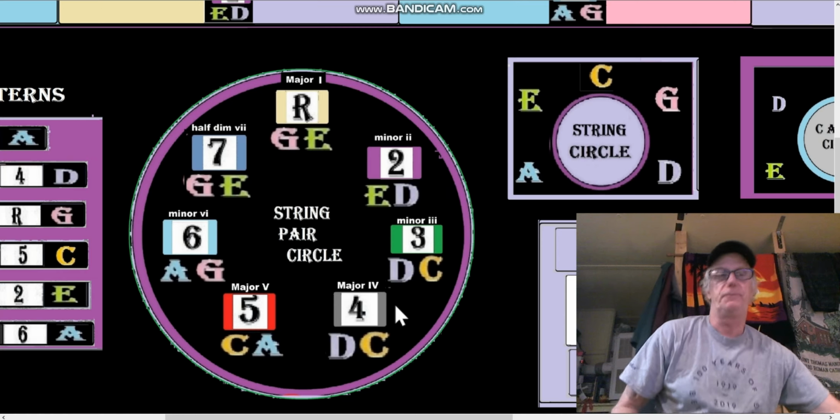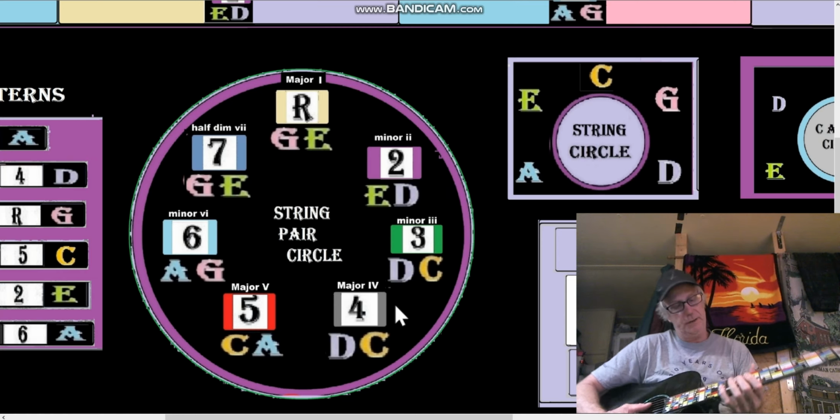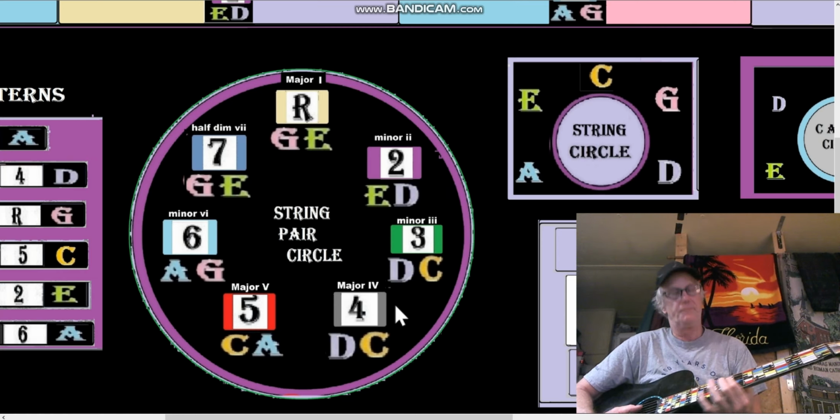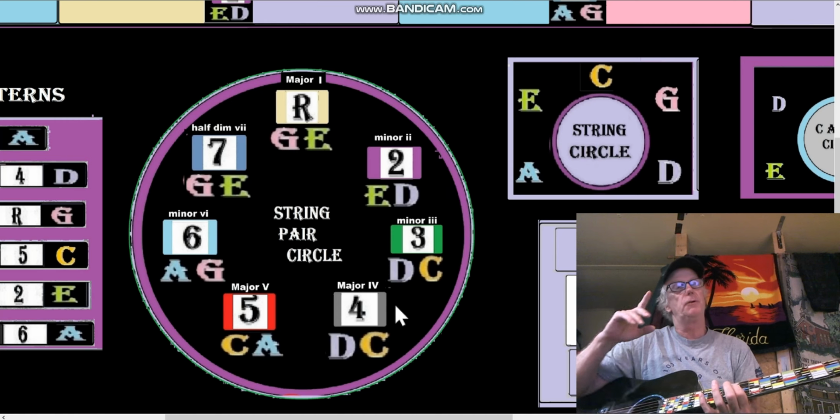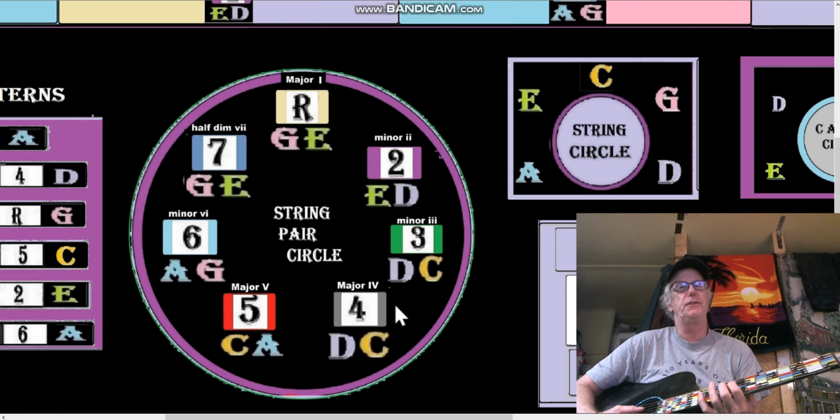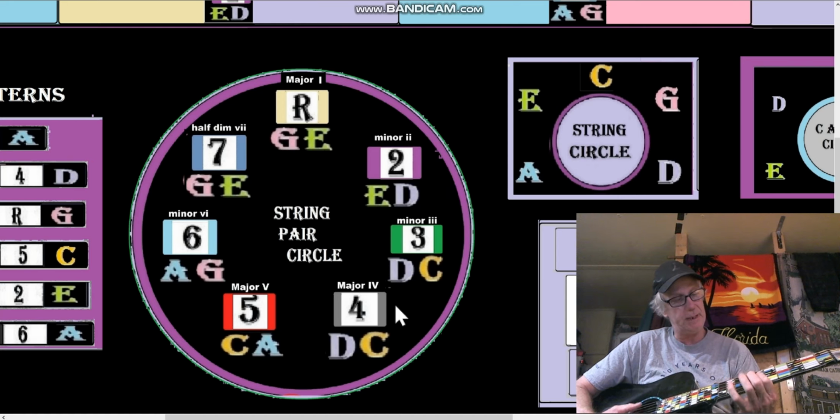Okay, so if you're playing a note, any old note like this G, and you want to say, well, what if I want to make that G the 5th? Just memorize that 5 is the CA shape, so you know you got A shape up here and C shape down here.